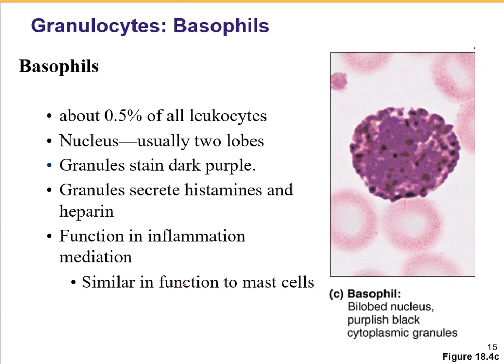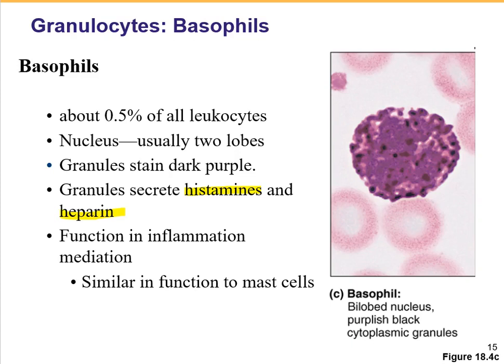They're loaded with granules that contain substances like histamine and heparin. These two important factors are chemicals which they release when they detect an injury or infection. Histamine helps to dilate blood vessels, increase blood flow to the area, and make blood vessels more permeable, allowing white blood cells to reach the site of injury or infection more easily.